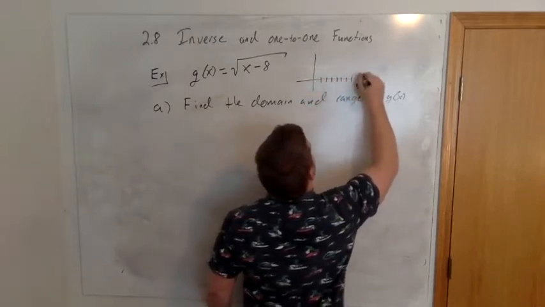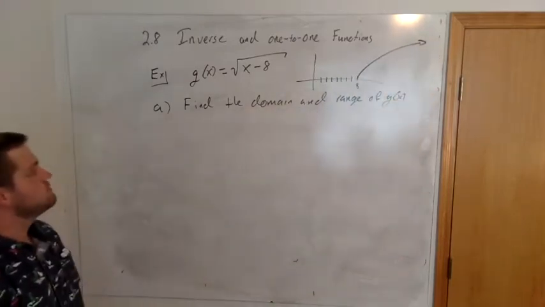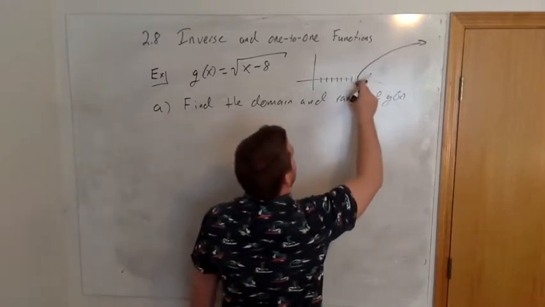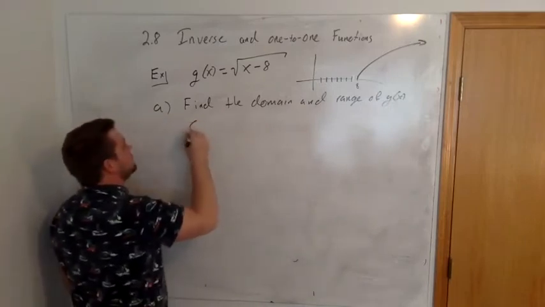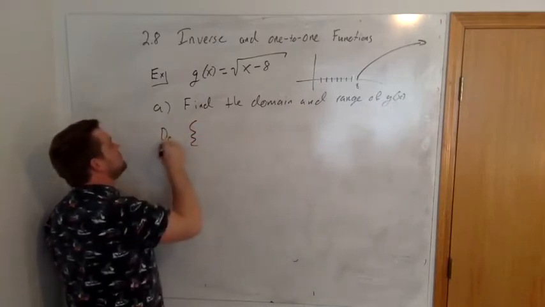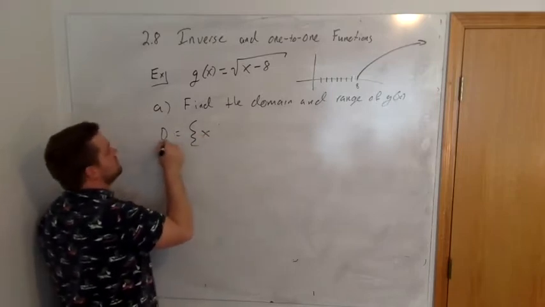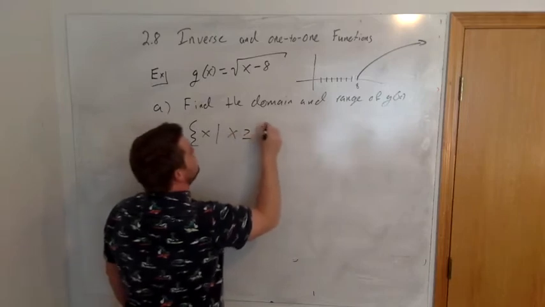So here's 8, and here is the square root function, shifted to the right 8 units. We can see the domain is anything 8 and bigger. So the domain of g is all x such that x is greater than or equal to 8. We can see it from the picture.